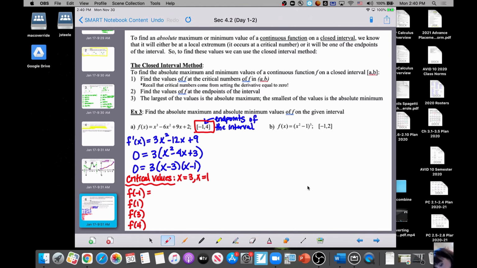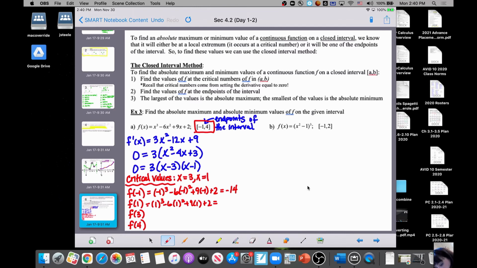So f of -1 is going to be -1 cubed minus 6 times -1 squared plus 9 times -1 plus 2. And if you trust my math, when you grab your calculator, you get -14. Next, we're going to plug in 1. So 1 cubed minus 6 times 1 squared plus 9 times 1 plus 2.